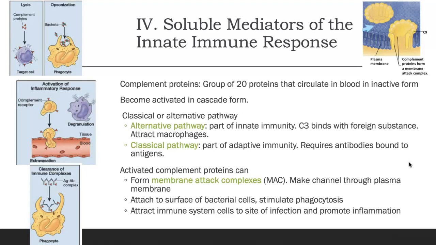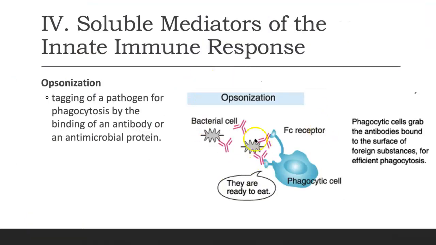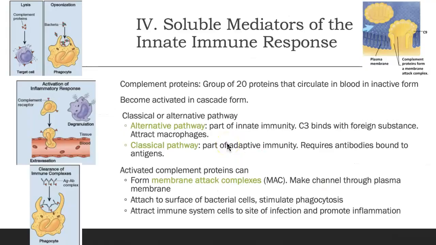Once they become activated, they can go through different pathways. So we've got our alternative pathway, part of our innate immune system, where one of our complement proteins, C3, is going to bind with the foreign substance and attract macrophages. So essentially doing opsonization, where we're marking it for destruction.